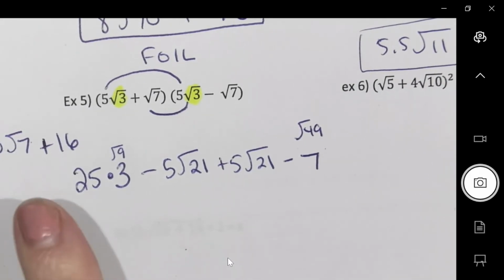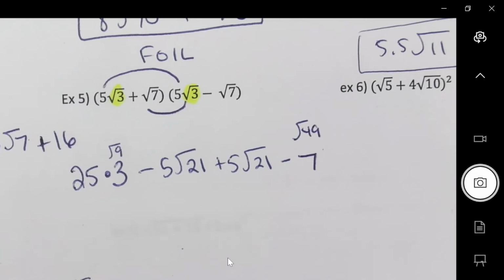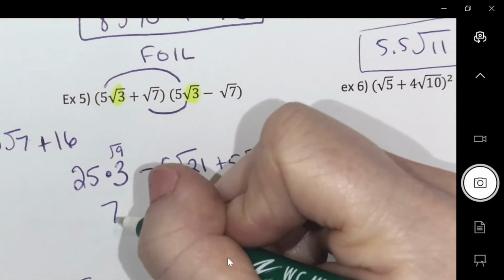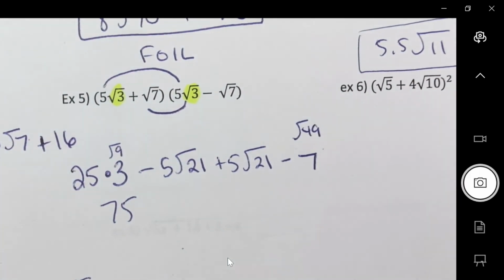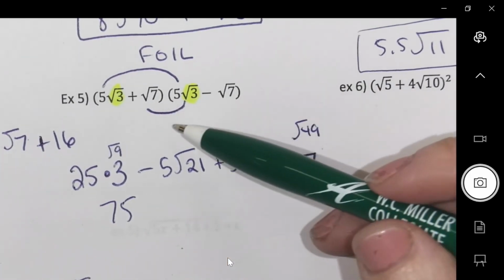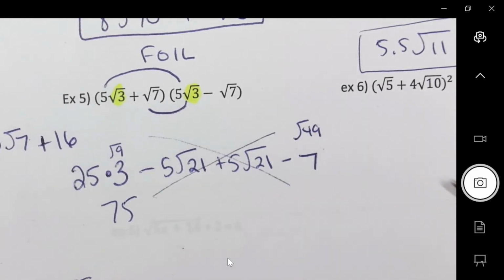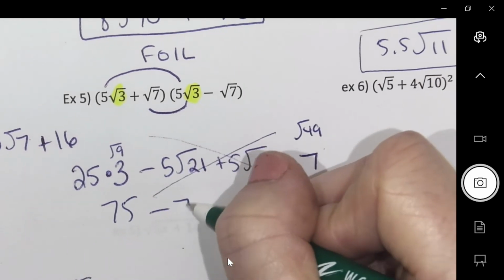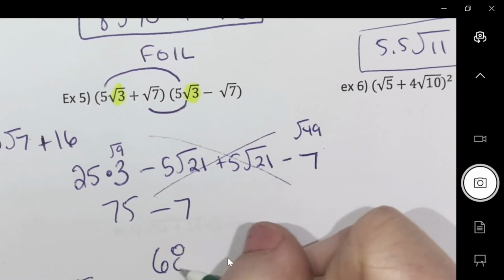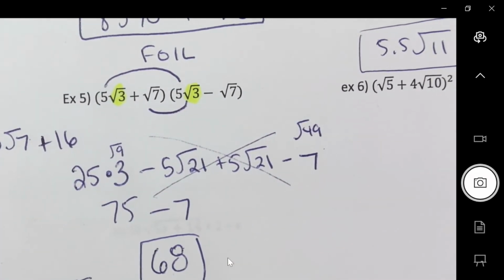Okay, what is 25 times 3 in your head without your calculator? Money. 3/4 of money makes how much? 75 cents. What happens here with this and this? Makes 0. Minus 7. So all that comes out to 68.